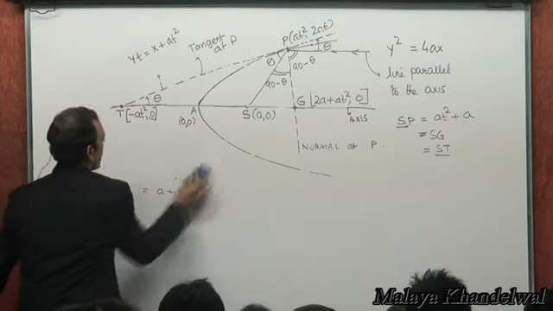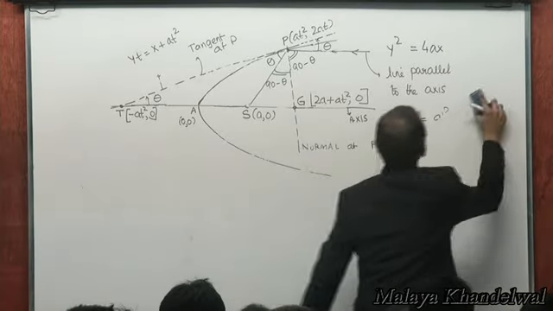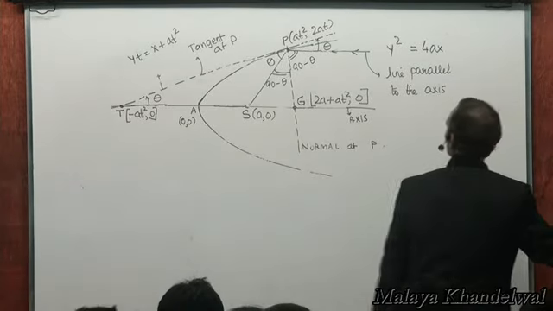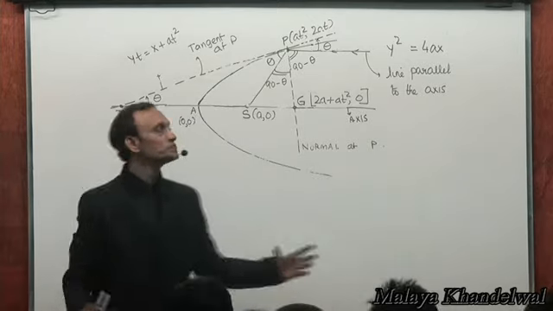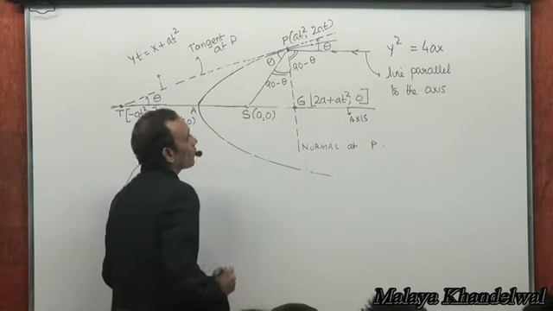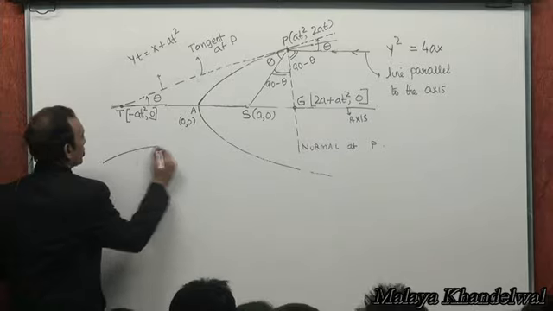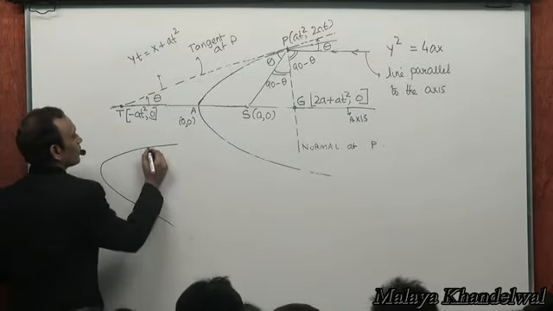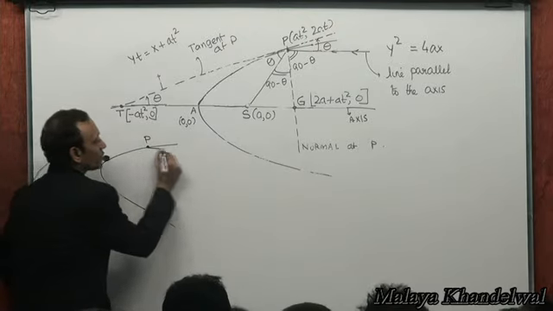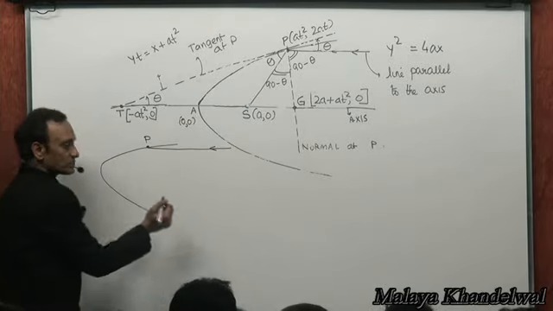Now realize the implication of this. This is a point P. This was a line parallel to the axis.